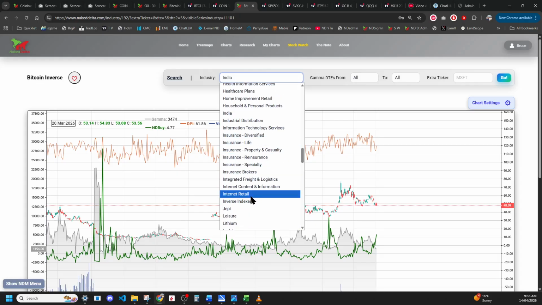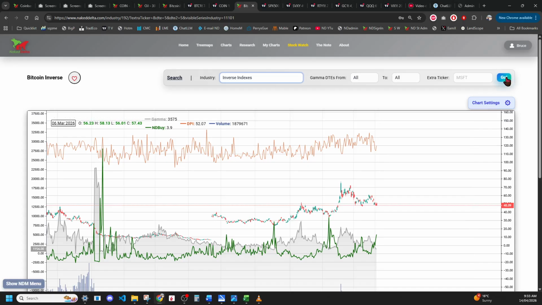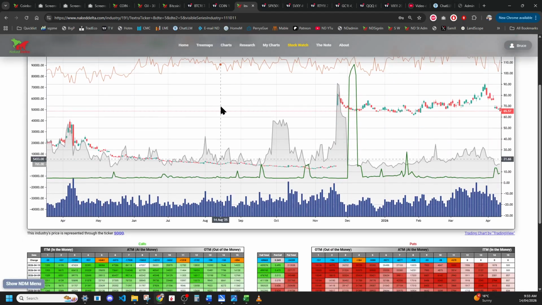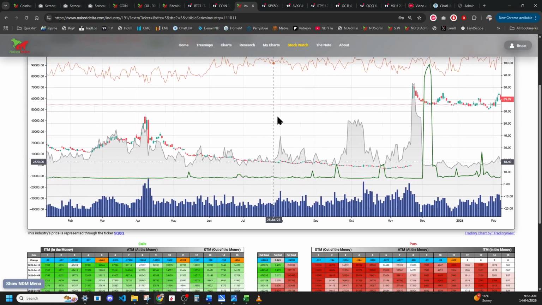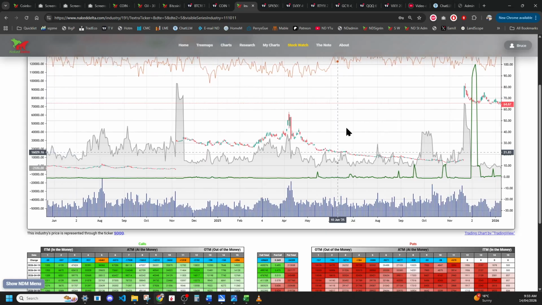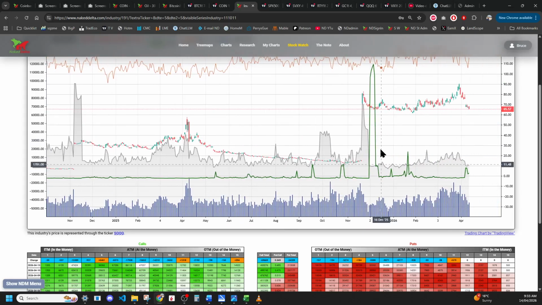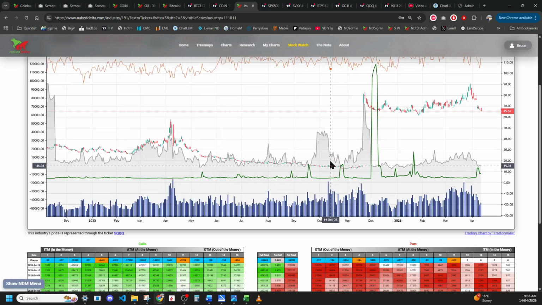Let's just see if we've got an index inverse. Sorry, just inverse indexes. Let's have a look at what the inverse indexes are. Inverse indexes are often hard to read because they're constantly degrading.